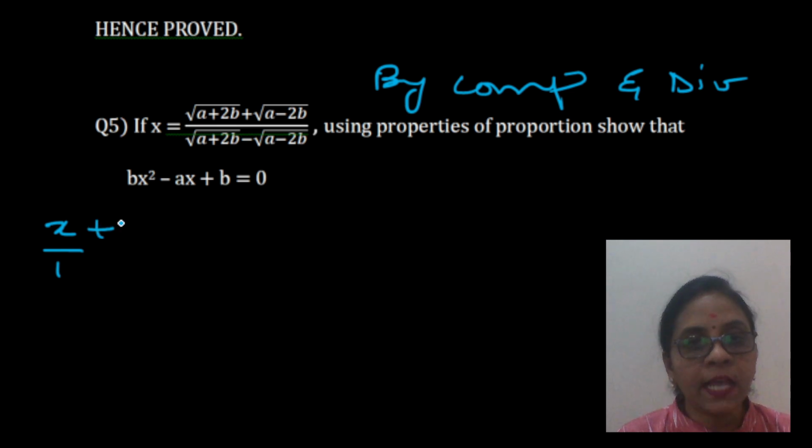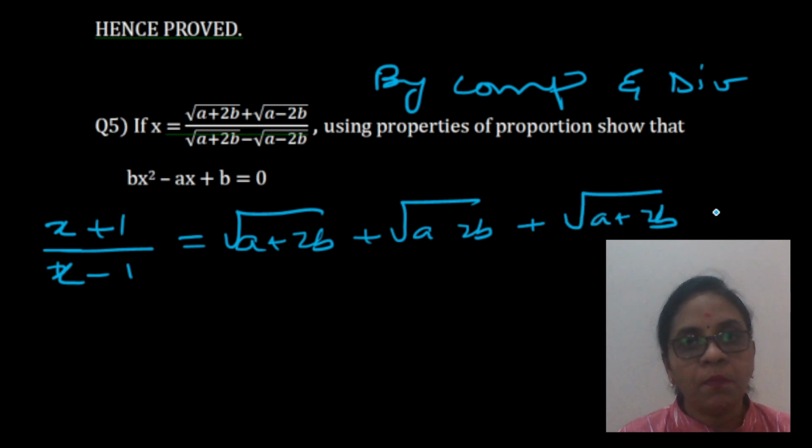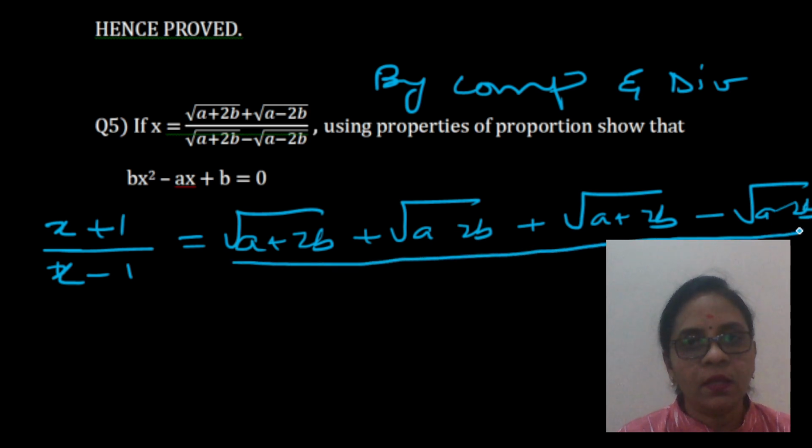So this becomes (x + 1)/(x − 1) is equal to, now numerator, I told you all earlier, it is numerator plus denominator, so root(a + 2b) + root(a − 2b) over root(a + 2b) − root(a − 2b). Now here again, it is numerator minus denominator.